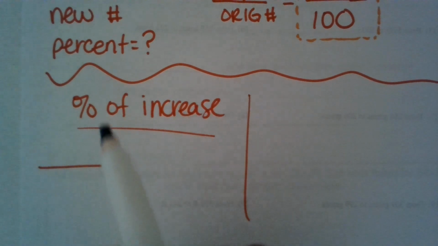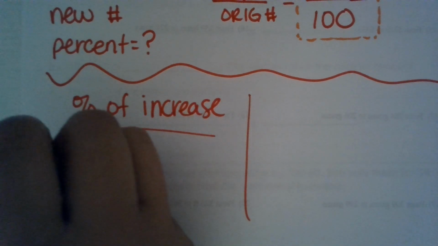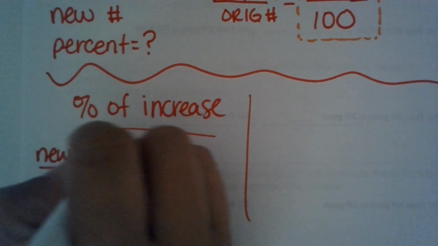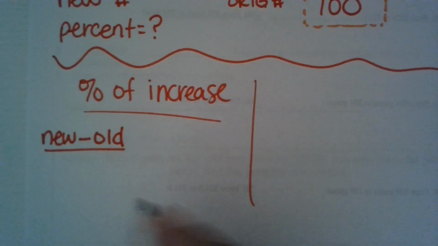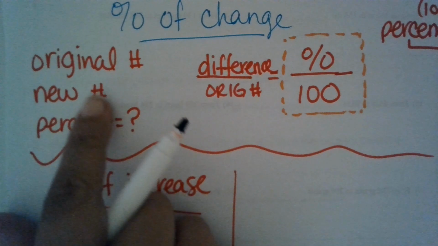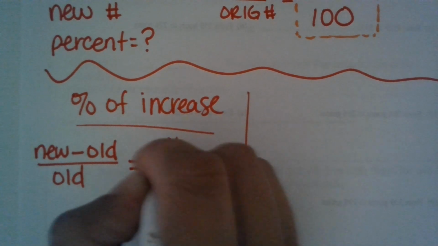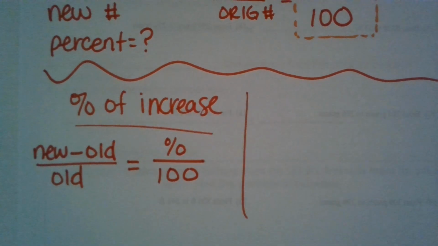You're assuming that the original number is smaller than the new amount. That's why it's an increase. So you would take new minus old, or original, and divide still by the old number, or the original, and it's still going to be set equal to percent over 100.